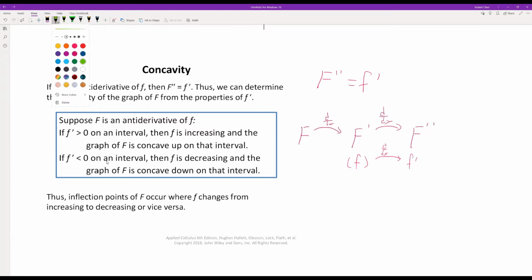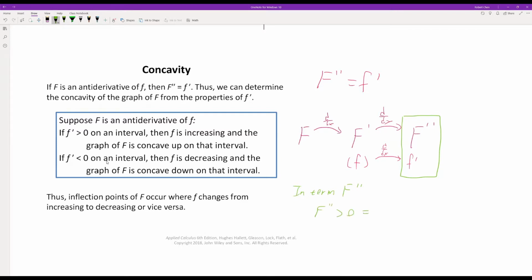They are actually talking about whether this part is positive or negative. So in terms of capital F double prime, if F double prime is positive, that means capital F is concave up. If capital F double prime is negative, then the graph is going to be concave down.